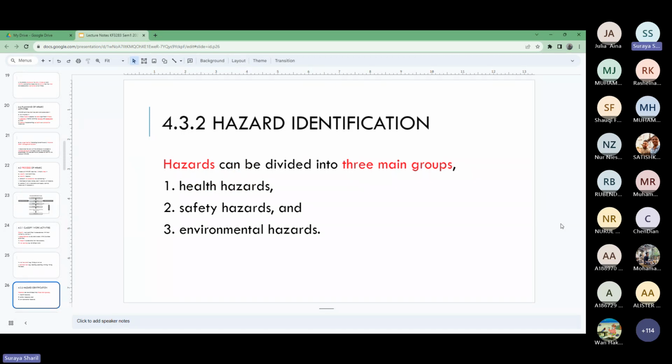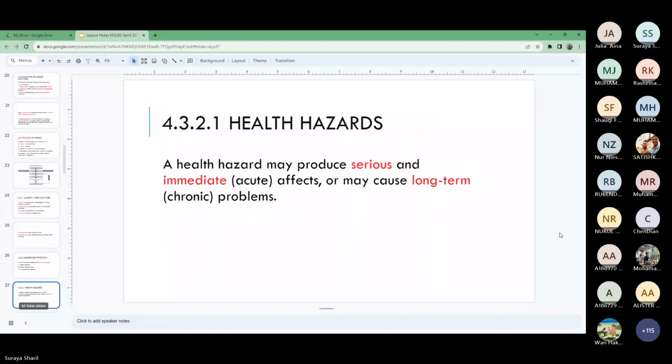And hazard can be divided into three main groups, which is health hazards, safety hazards, and lastly, environmental hazard. So what is health hazard? Health hazard may produce serious and immediate acute effect, or may cause long-term or chronic problems.